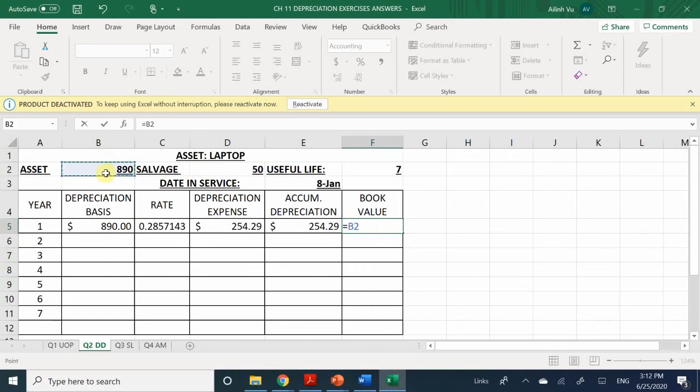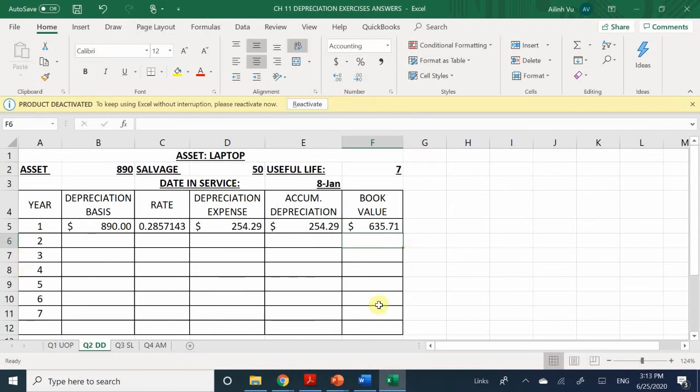Okay, so you took 890 minus 254.29. So what did you say you got? 635.71. Perfect. It's going to automatically calculate it and round it to the nearest penny for you. Okay, good.